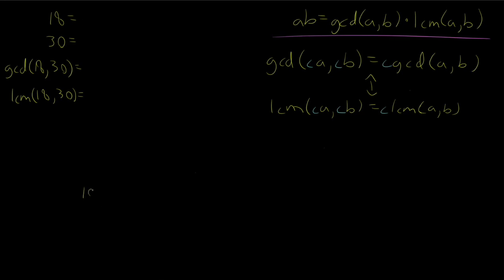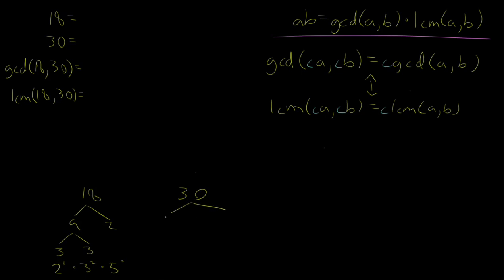So 18 splits into 9 and 2, which then splits into 3 and 3. So the prime factorization of 18 is going to be 2 to the first power times 3 to the second power times 5 to the 0 power. Leaving this 5 here, and you'll see why in a little bit.